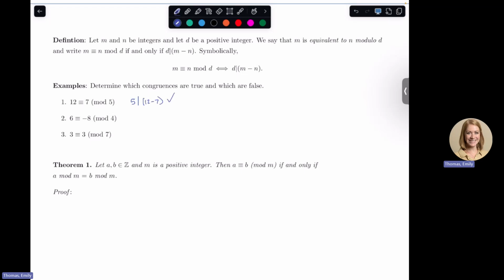Yeah, it does. So this is fine because 12 minus 7 is 5. On this one, does 4 divide 6 minus negative 8? I don't think so either. That is 14, which is not divisible by 4. And then on this last one, does 7 divide 3 minus 3? Yes, it does. So we're good to go.